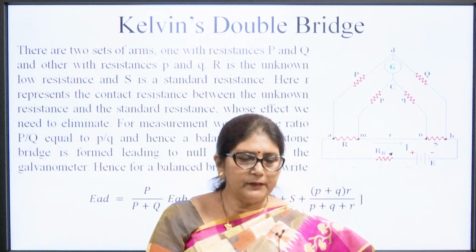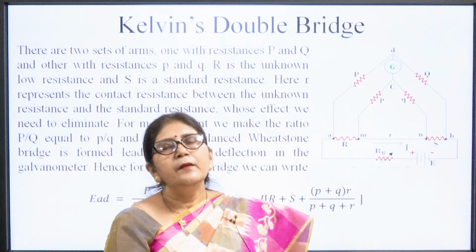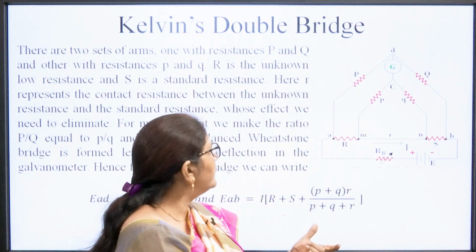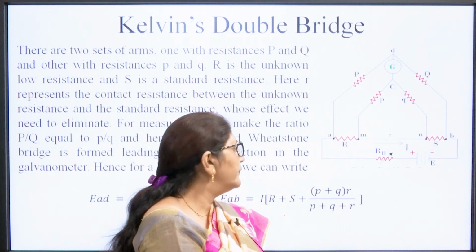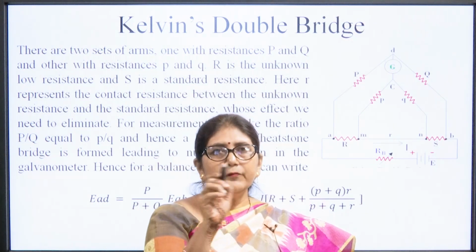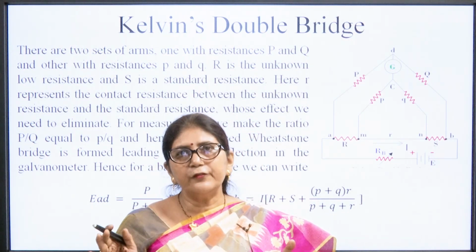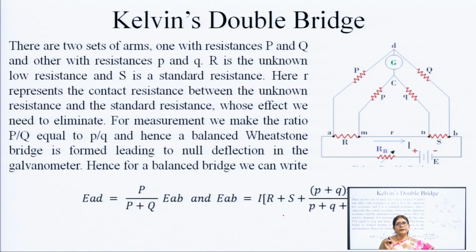So, what is the Kelvin double bridge method? The bridge configuration is like this. Here suppose we want to measure a resistance whose value is very low. How can we measure it? We can see there are two sets of arms, one with resistances capital P and Q and the other with small p and q.